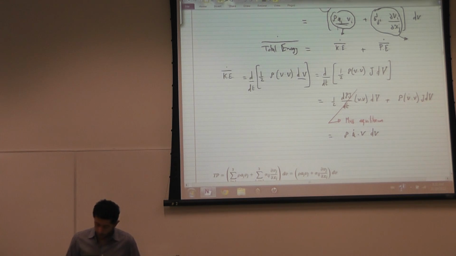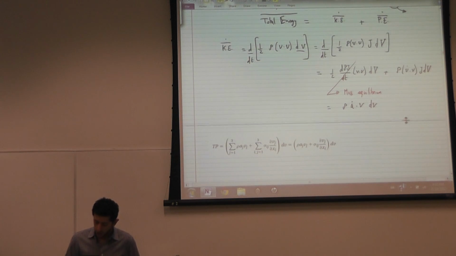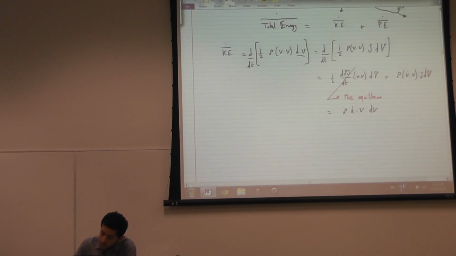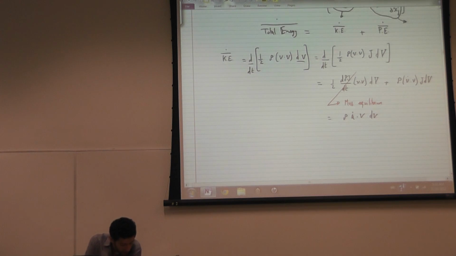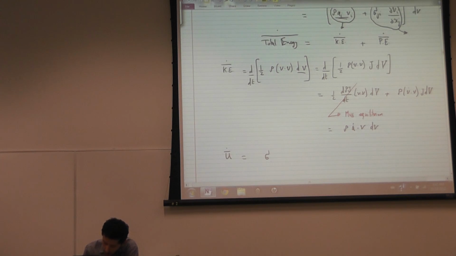So indeed, the remaining part is what I call the strain energy, so the potential energy. And I'm going to call it U dot. And I'm going to divide by the volume. It's equal to sigma Ji partial Vi by partial xj.